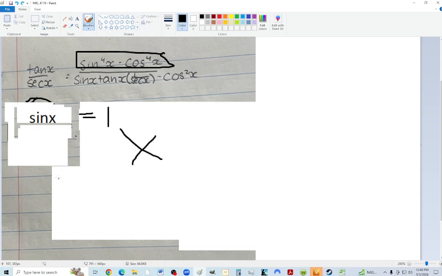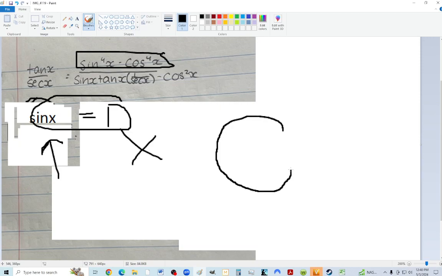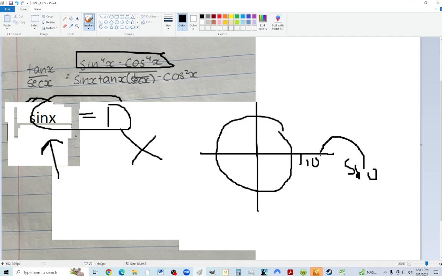But if she's asking you to solve this here, and we go back to our unit circle and look at where sine x is equal to 1: it's 1, 0 here, so sine of 0 is 0. Up here it's 0, 1, which means sine of 90 degrees is equal to 1.